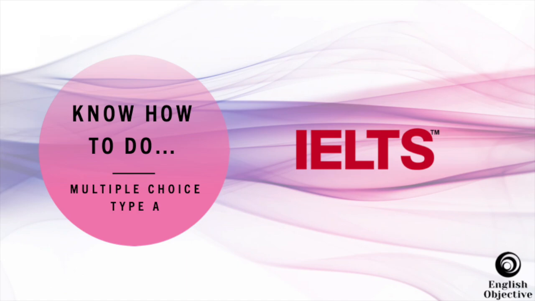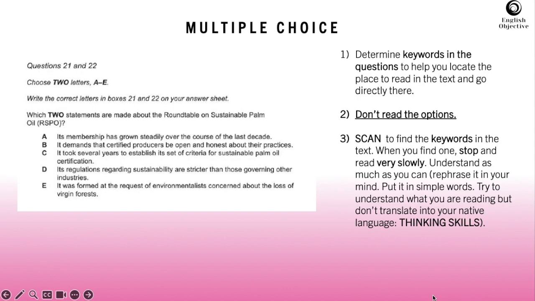In today's video, I'm going to show you one of the types, one of the variables, that is when you have to choose more than one option in the same question. Either way, the strategy for these kinds of questions is that you have to underline the keywords in the questions, because that would actually help you scan the text and locate the place to read more slowly.